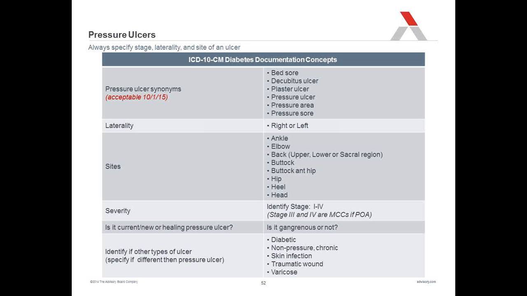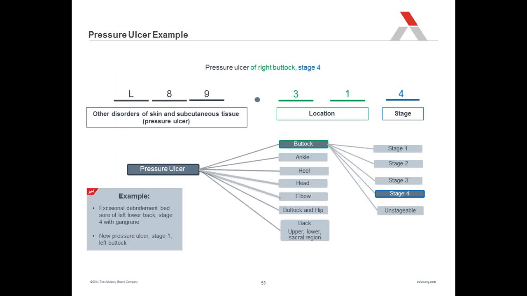Remember to document laterality, the site, the severity. Remember, it's very important to document the accurate stage of the ulcer. Is it current, new, or healing? And if there are any other underlying medical conditions or incidents that may have led to that pressure ulcer. Here's what a code for a pressure ulcer of the right buttock stage 4 would look like.